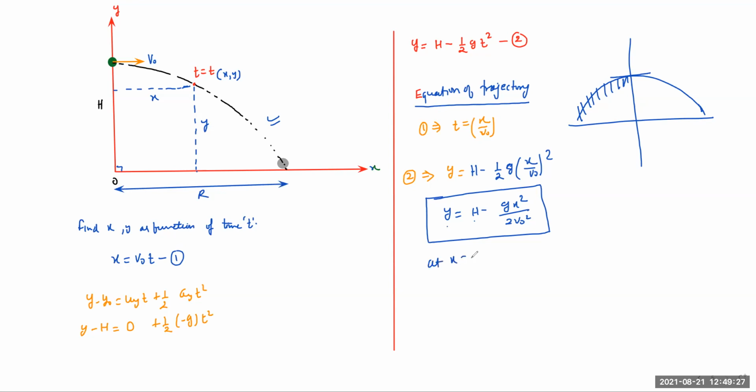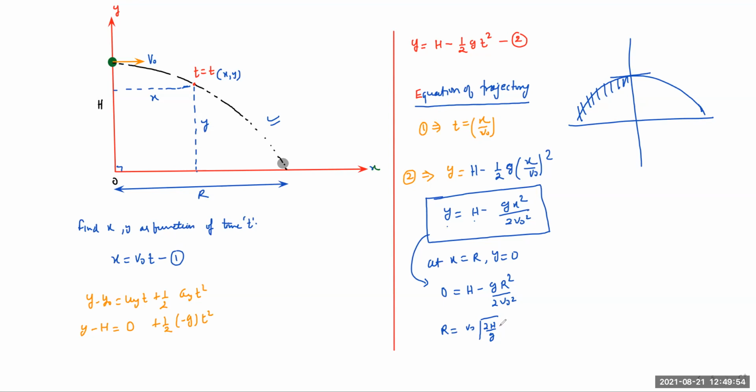At x equals to r, y becomes 0. So if you use this formula, putting 0, h minus g r square by 2 v naught square, you get the same answer, v naught root of 2h by g. Of course, that's the answer we know already.